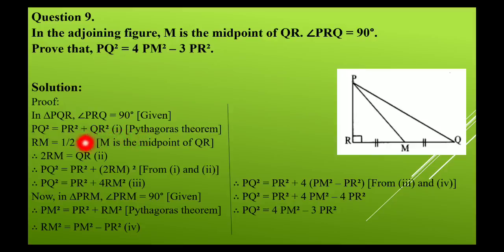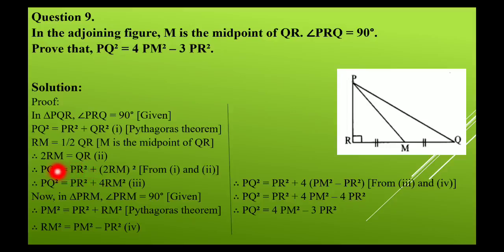This is statement number 1. RM is equal to half of QR. Why have I written like this? Because M is the midpoint of RQ according to the given. So when I bring 2 this side, 2RM is equal to QR. This will become statement number 2.